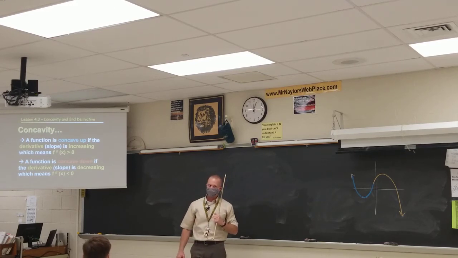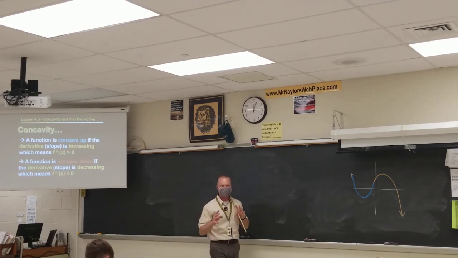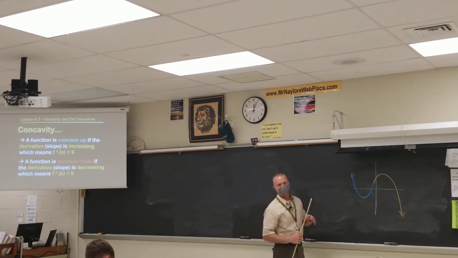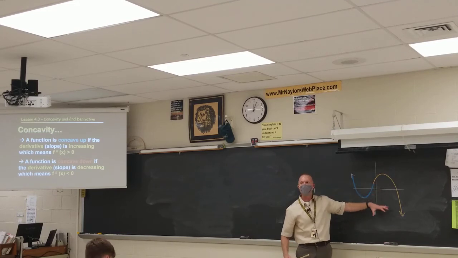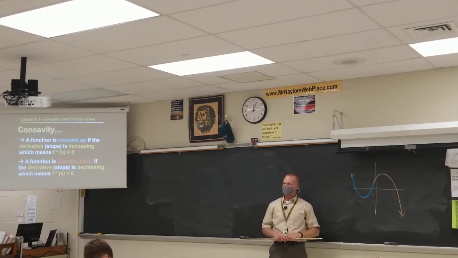Concave down. We don't use the word convex. It's all concave, so it's either concave up or concave down. Again, concave down, orange region. It's like opening down, like cupping down. The curve, the cup, it's called concavity.